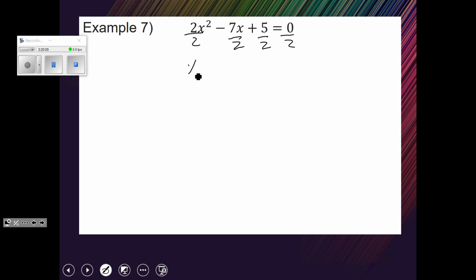And when we did that, you get x squared minus 7 halves x plus 5 halves is equal to 0. Okay? And then if we set it up to do our completing the square, I do want to tell you, I'm going to take this one slow, but I want you to understand it is completely doable, even though it's scary and has fractions every which way.